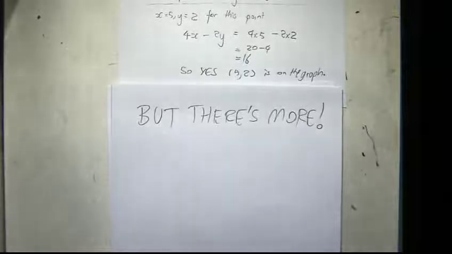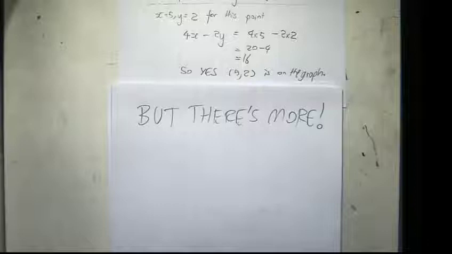At the fundamental level, an equation is just telling you how to figure out if a point is on the graph or is not on the graph if you have a point. But there's more than that.